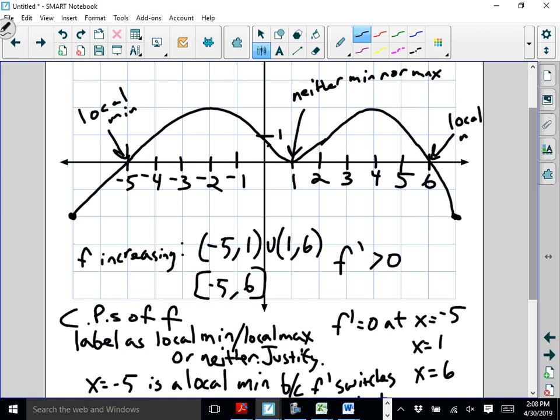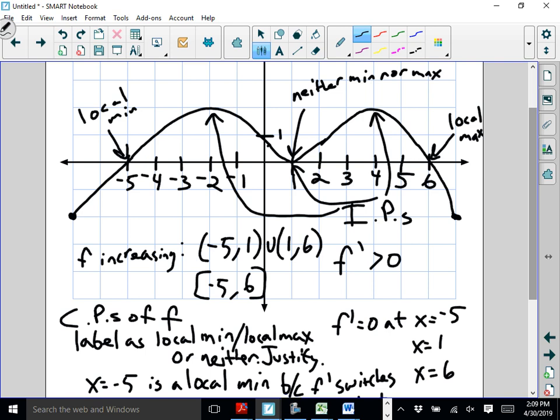Our inflection points will be right here, and right here. Interestingly enough, x equals 1 is both a critical point and an inflection point. It's a critical point because f prime equals 0. It's an inflection point because f prime switched from decreasing to increasing.